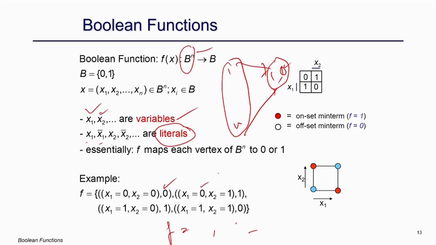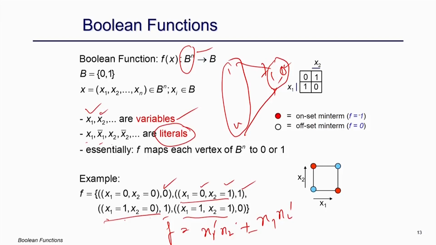If x 1 bar is 0 and x 2 is 1, then the output is 1, and so on. If x 1 is 1 and x 2 is 0, then the output is 1, and if both of them are 1, then the output is 0. So, I can represent this f as x 1 bar x 2 and this, so this one is the on term. This is x 1 and x 2 bar. So, this is the function.